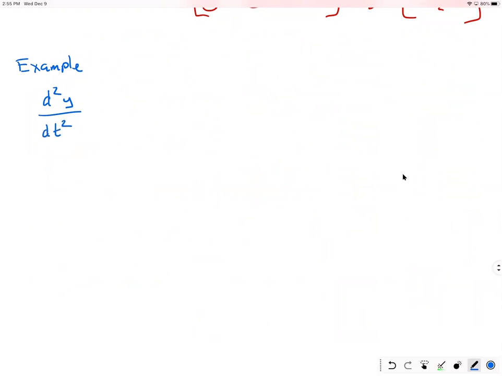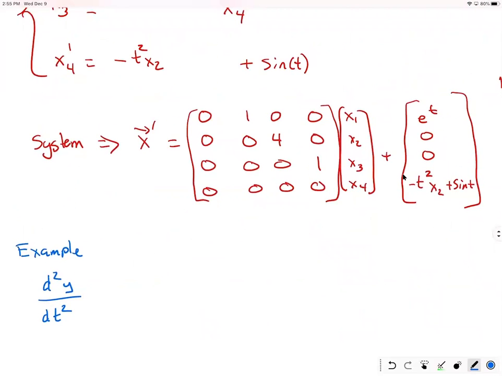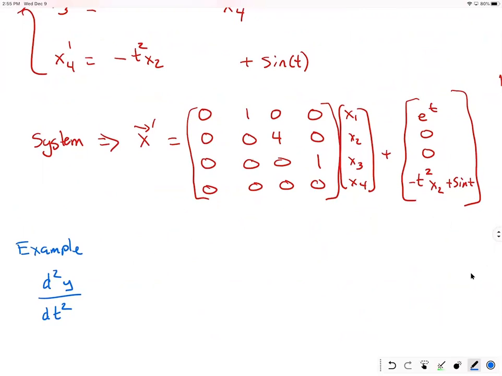Wait, I have a question. Yeah, go ahead. About the one that we just did. Why wouldn't we put negative t squared in the x2 column in the A matrix, like under the one? Put it right here? Yeah. If you put it there and multiplied out that last row, that would be fine. There would be nothing wrong with that. I just decided to put everything with a t over to the right-hand side.